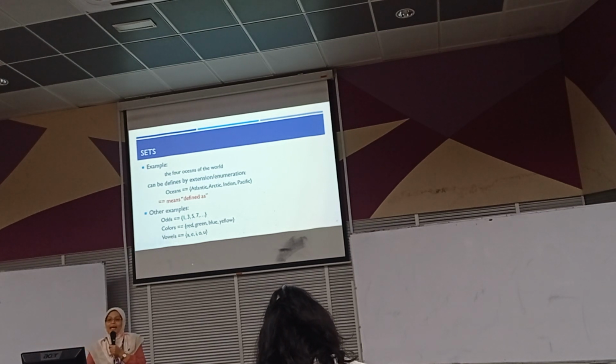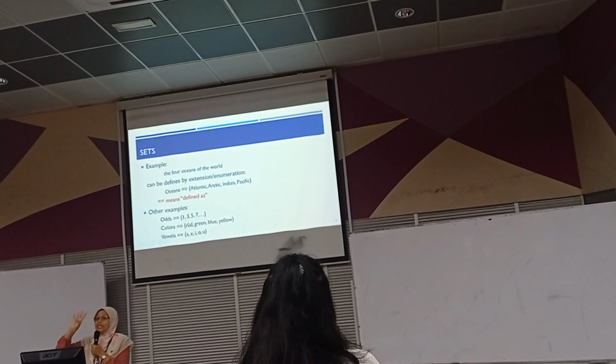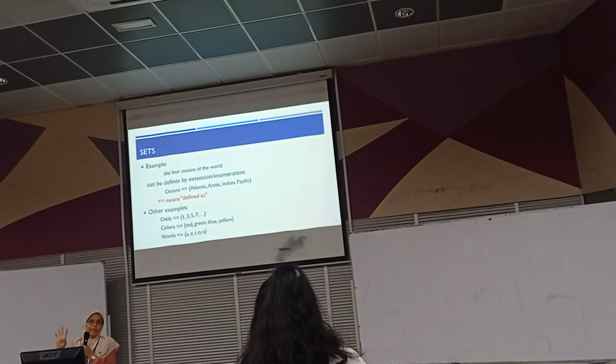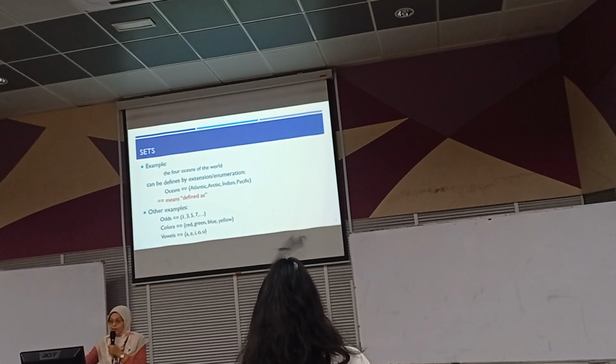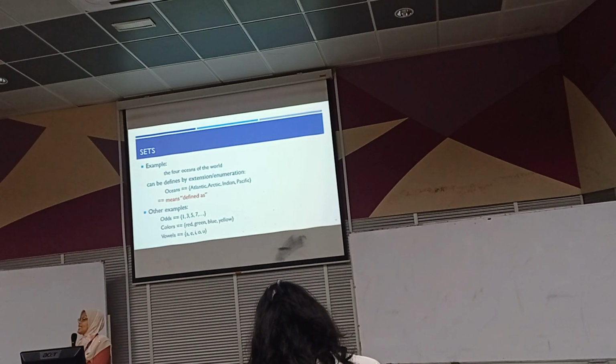Meaning that for my colors here, I will have red, green, blue, yellow. So only these 4 colors are inside my set. I don't have other colors, but I can have other data with 2 yellow colors, 3 green colors, and maybe 10 blue colors, for example. It doesn't matter.